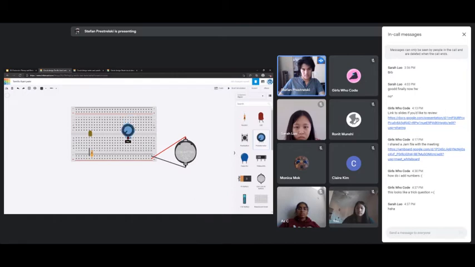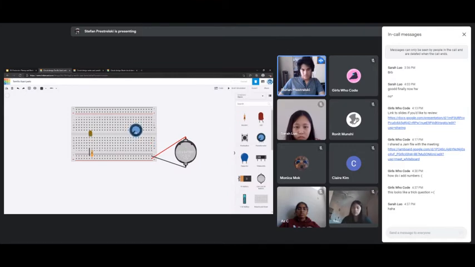We also have this potentiometer here. Is there a way to turn the knob? All right. There's a way to turn the knob. That's good.